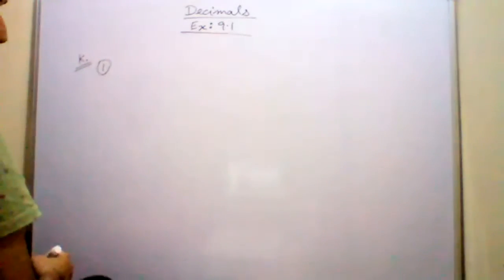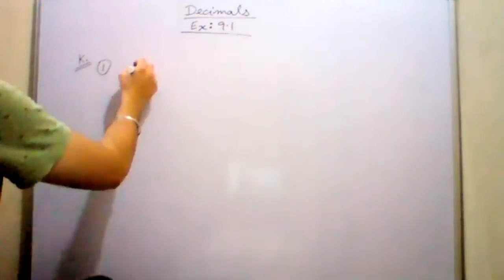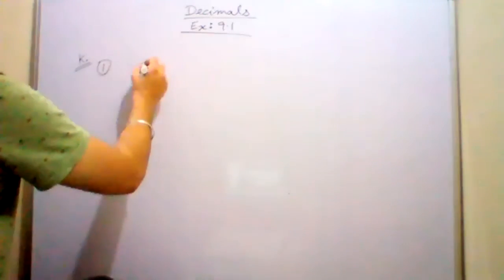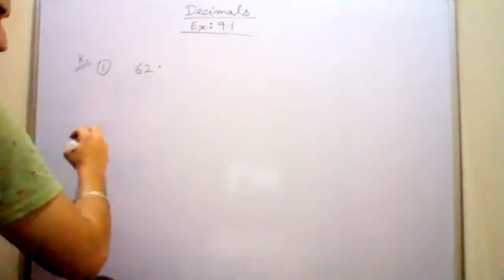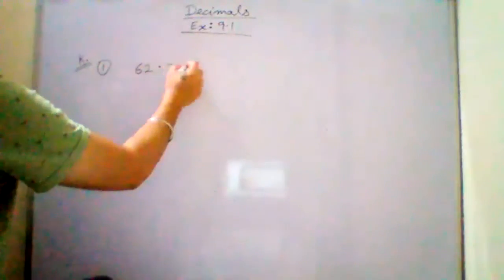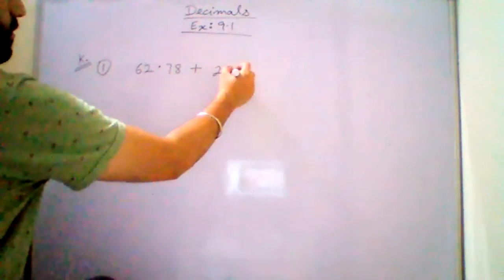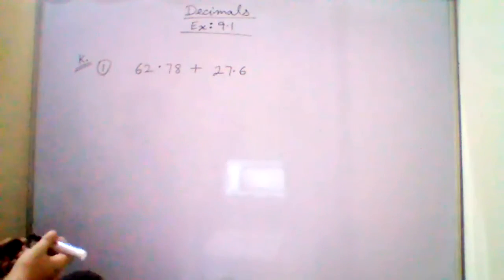First part, you have to add the decimal numbers. You have done this in your previous classes also. 62.78 plus 27.6. You have to add these two numbers.